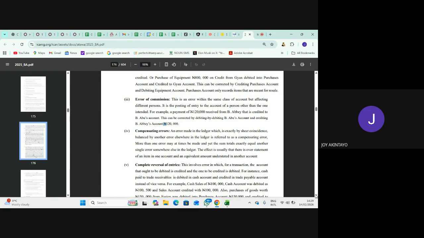So that's compensating error. The effect is usually that there's overstatement of an item in one account and an equivalent amount understated in another account. That's compensating error.